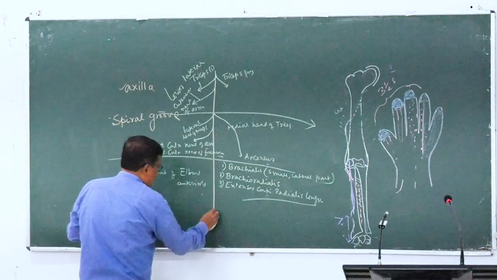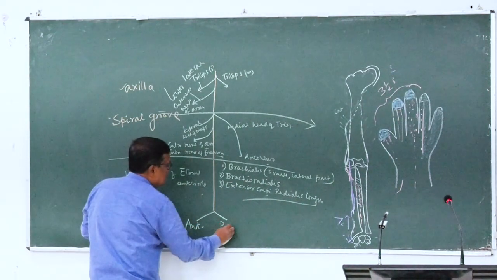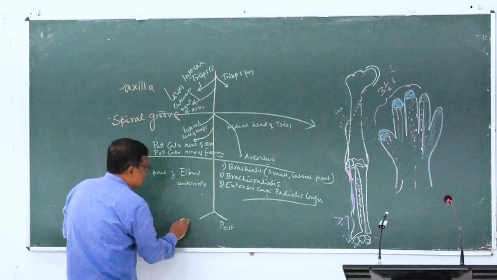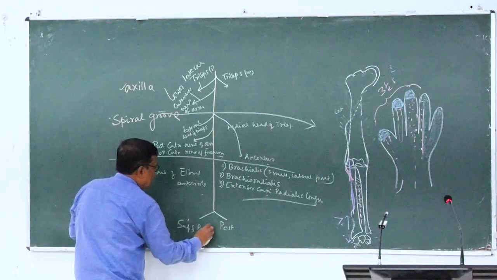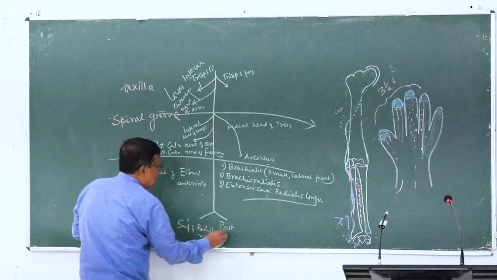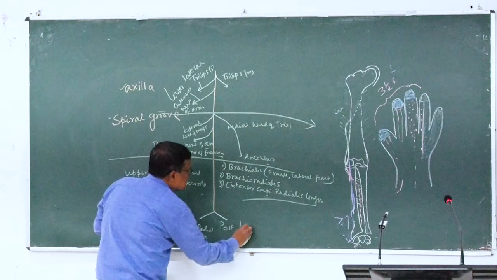Then it divides into anterior and posterior: anterior, the superficial radial nerve, and posterior, the posterior interosseous nerve.